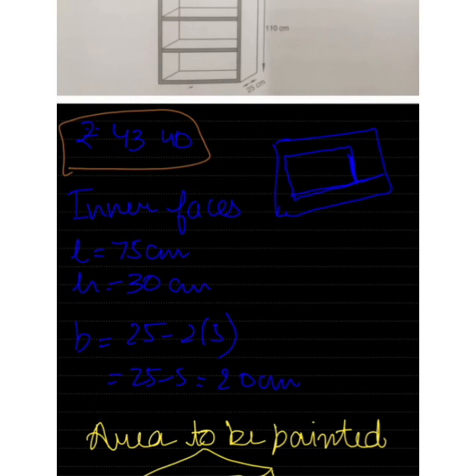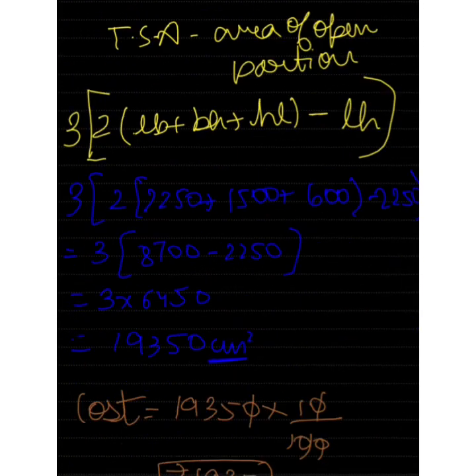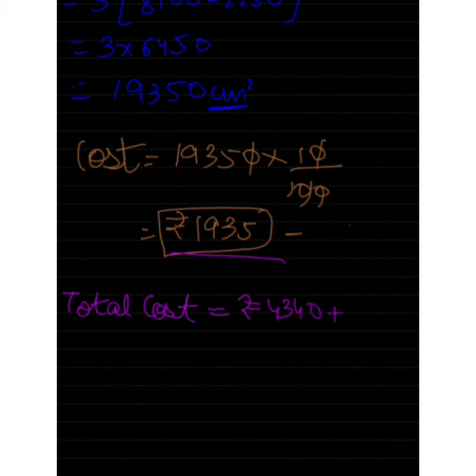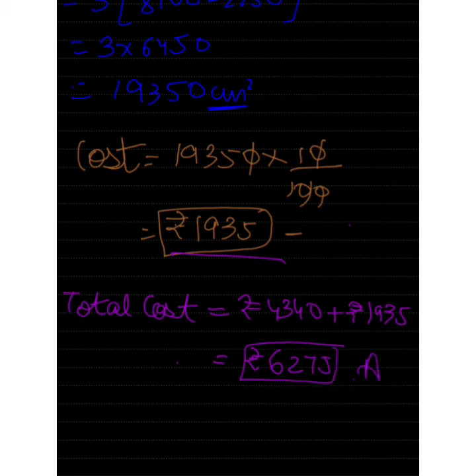Means we have to calculate the total expenses, that is 4340 plus 1935. So total cost of expenses will be equal to rupees 4340 plus rupees 1935. Now total cost will be equal to rupees 6275, and this is our answer.